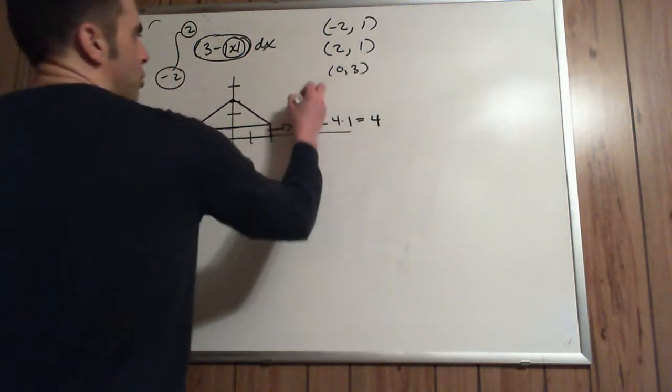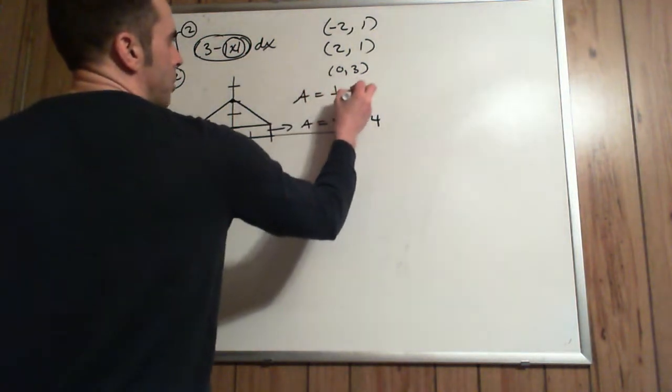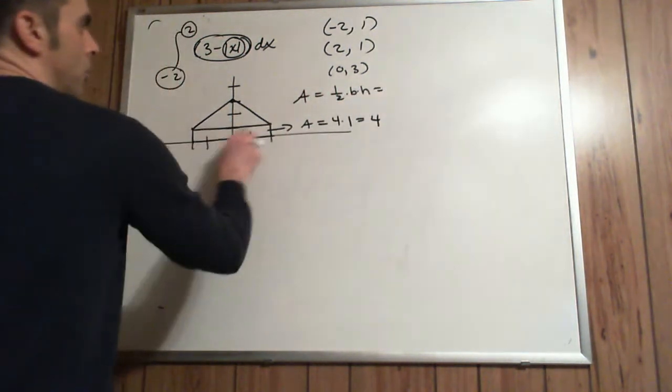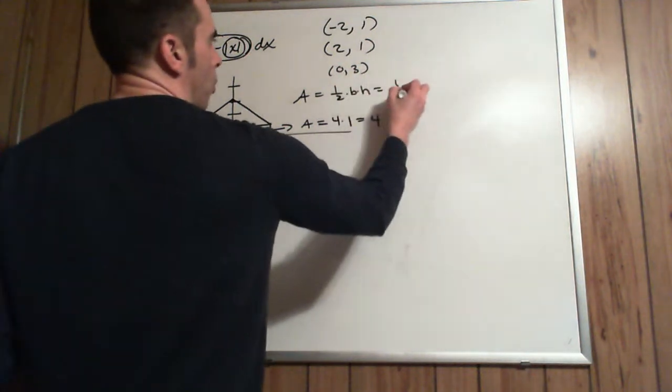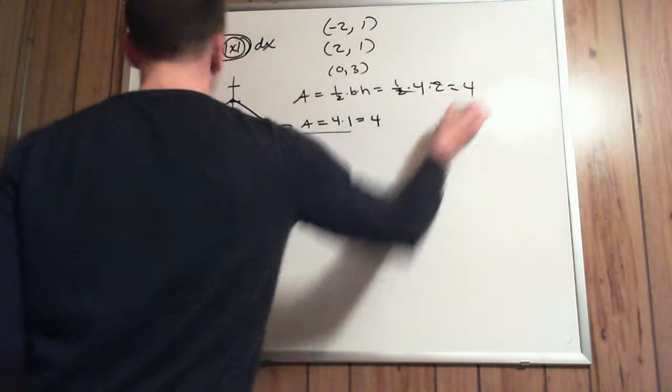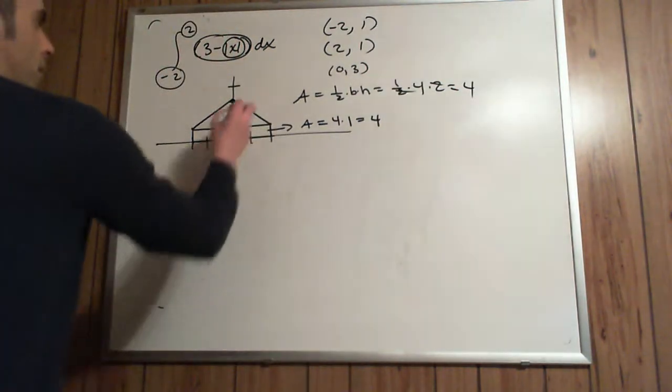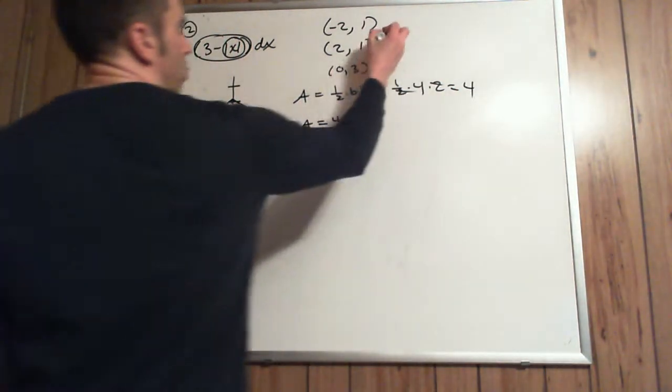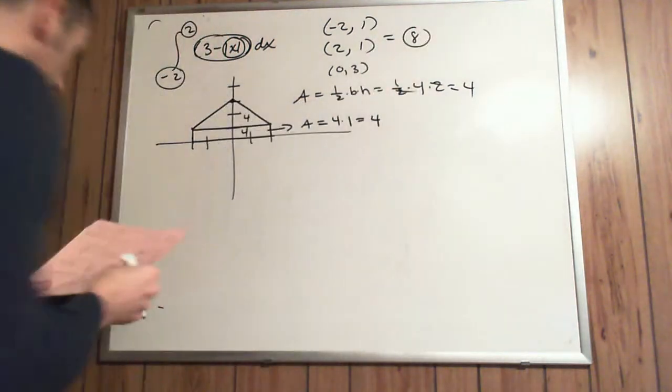And then you got the area of a triangle, which is 1/2 times the base times the height. So it's 1/2, the base is 4, and the height of the triangle is 2, and you get 4. So then if you add the area of each of these, 4 and 4, you get a total of 8.